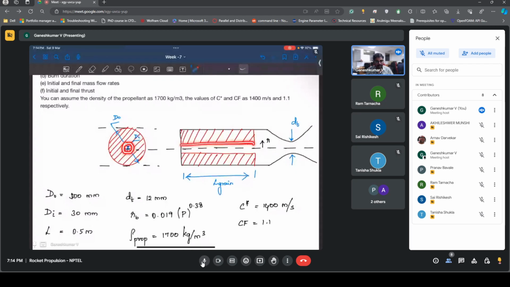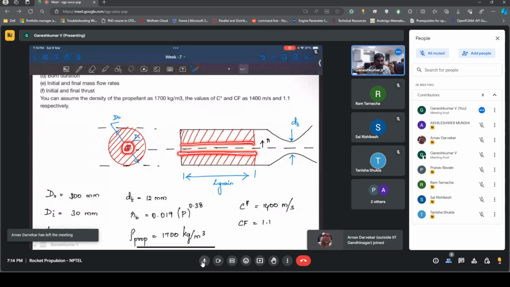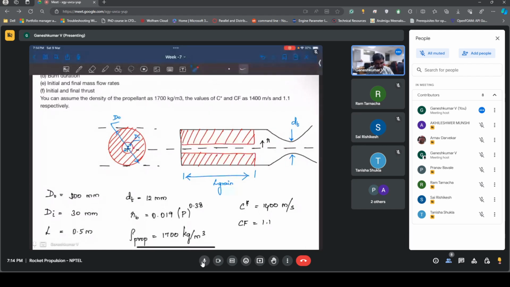And what would be the final burning surface area? Since it's a solid rocket motor, it is going to end only after the complete consumption of propellant. So the final surface area is going to be based on the final diameter of the whole grain. Using this and the length, you can directly find the burning surface area.